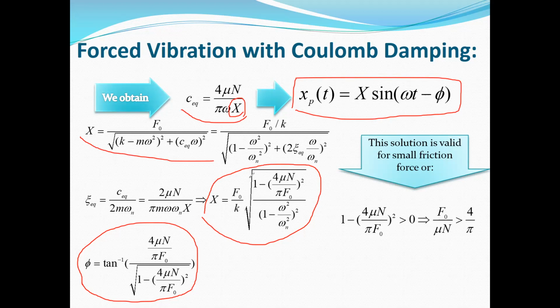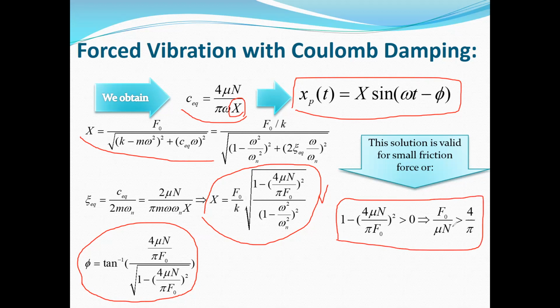Then we simplify and solve this equation for x and extract the amplitude from here. And also we solve it for the angle phase. So this is the approximation solution with these conditions.